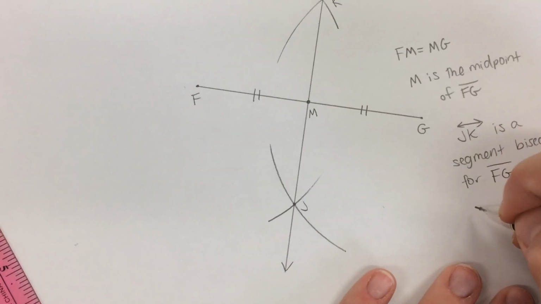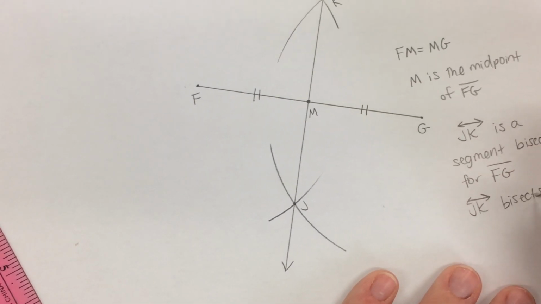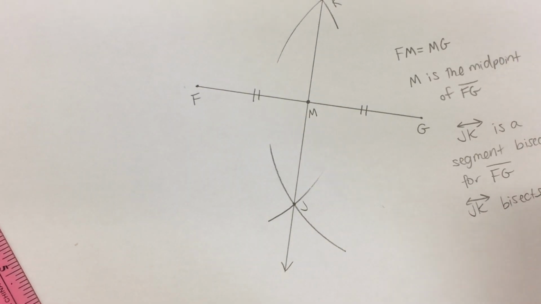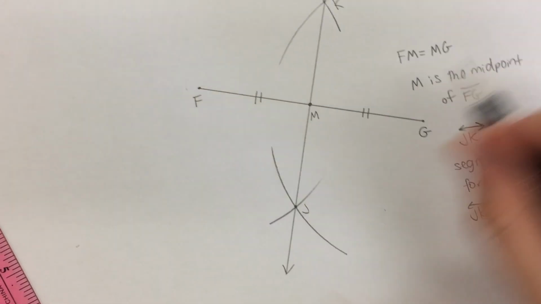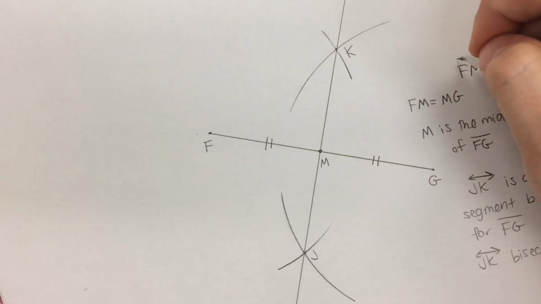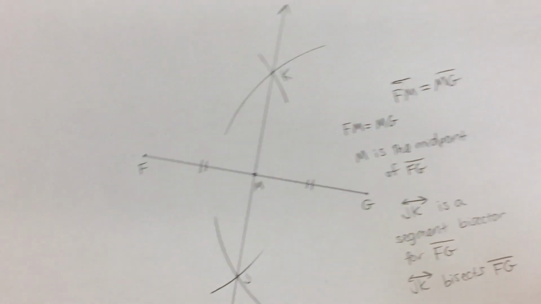So it bisects it. You can say line JK bisects line segment FG. And again, because we know that these two are equal, that means they're also congruent segments. So we just created two congruent segments. Line segment FM is congruent to line segment MG.